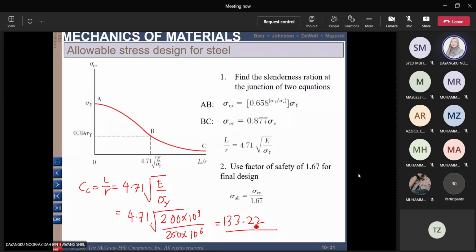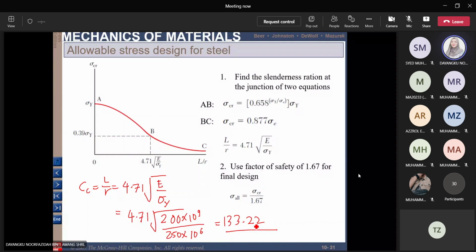Where is your column located, in AB or BC? AB. Alright, so in AB.